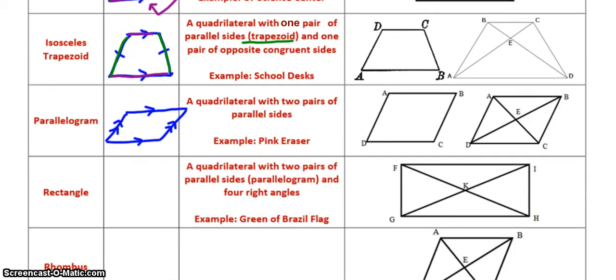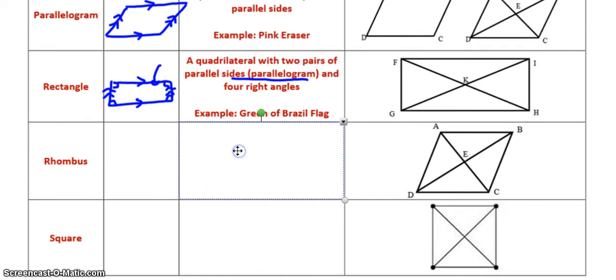A rectangle is a quadrilateral with two pairs of parallel sides, meaning it's a kind of parallelogram, but also contains four right angles. So I'll draw myself a rectangle here. Again, it's got two pairs of parallel sides, just like a parallelogram, but this time I'm going to add on four right angles. You can mark those just like I did there.